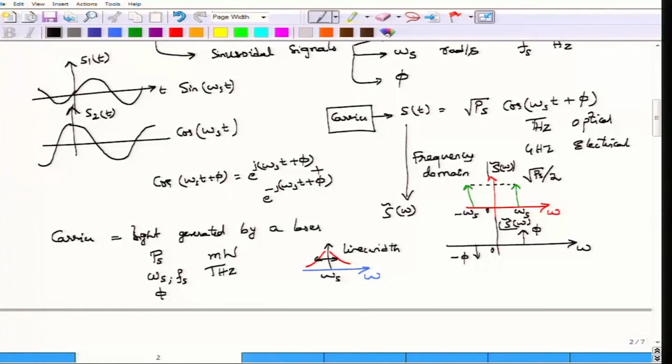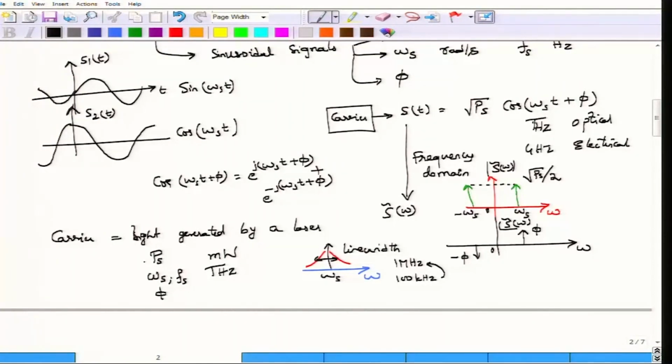So, in popular thinking, laser means it has a single wavelength, but in practice no single wavelength or single frequency laser can be obtained, and most lasers have some amount of line width, which is typically measured in megahertz. These days you will get very good lasers which have a few megahertz line width. So, this line width typically is anywhere from 100 kilohertz to 1 megahertz. We will see what the implication of having the line width is later on.